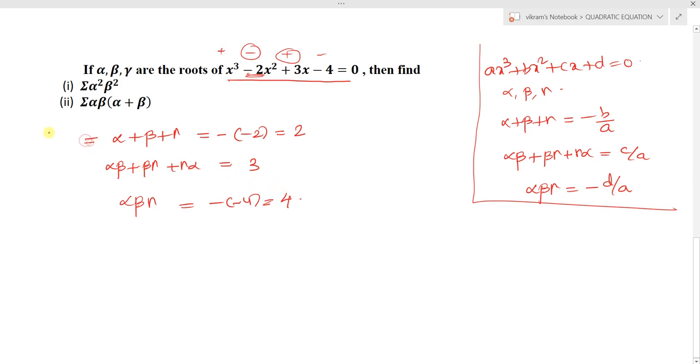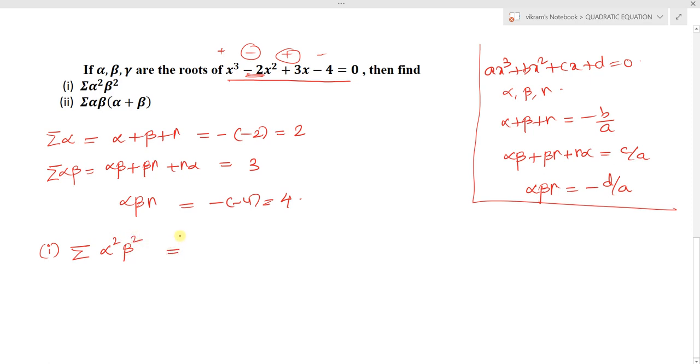So the first one can be written as summation alpha, meaning alpha plus beta plus gamma, and the next one as summation alpha beta, that means the first two roots, then the next two roots, plus the next two roots, and the third one is simply alpha beta gamma. The first question here asks for the summation of alpha square beta square.